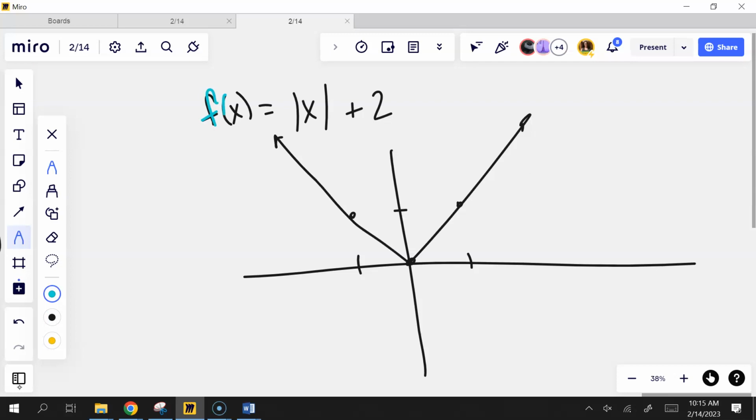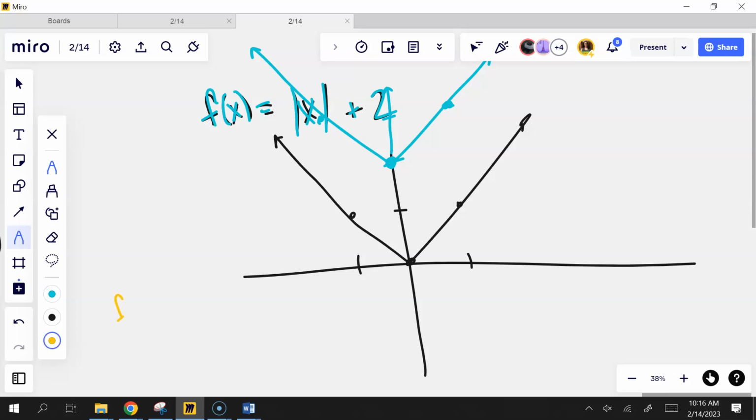Looking at this one, what's the vertex? What's the vertex of the blue one? 0, 2. It's got a slope of 1, so up 1 over 1. What happened? It moved up 2.